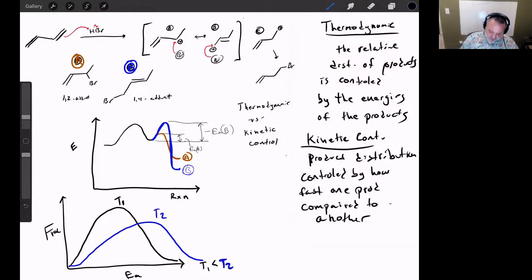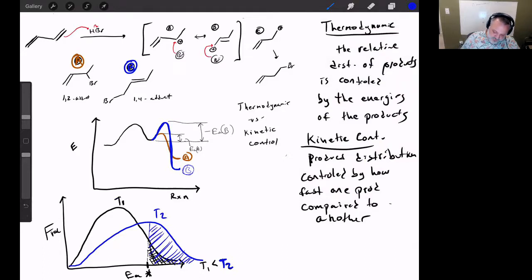Okay, and so if we have some arbitrary activation energy, let's call this one our activation energy for our reaction, what happens? Well, only this proportion of molecules has enough energy to overcome the activation barrier. If I have the same activation energy and I just have a higher temperature, then all of a sudden the proportion of molecules that has enough energy to overcome the activation barrier has gotten larger.